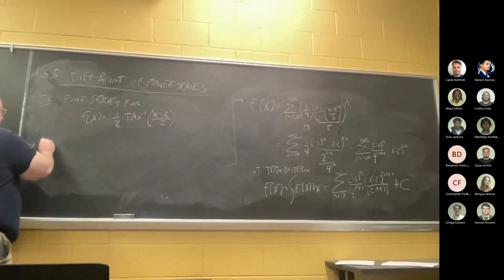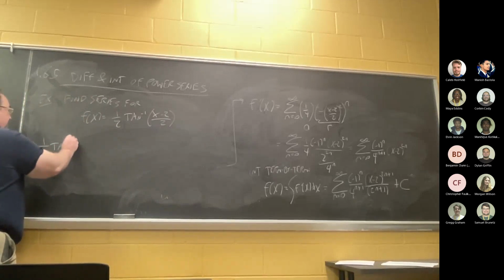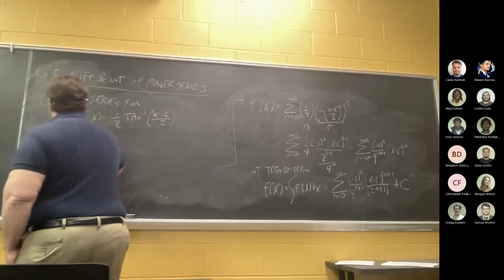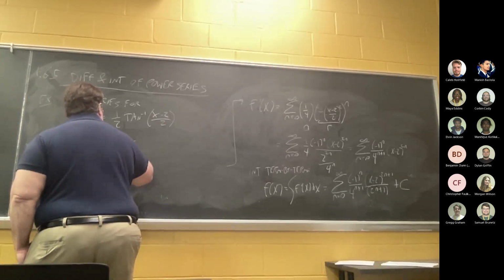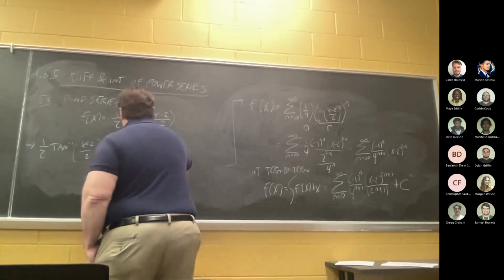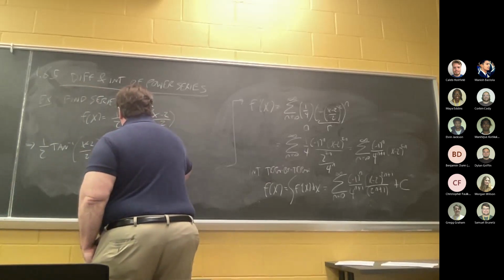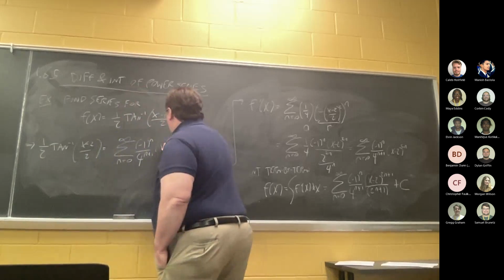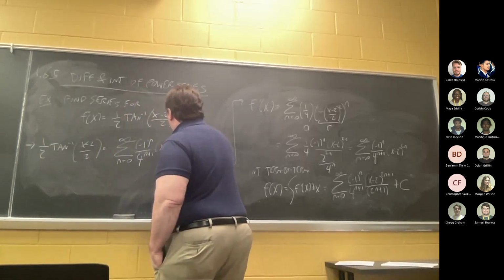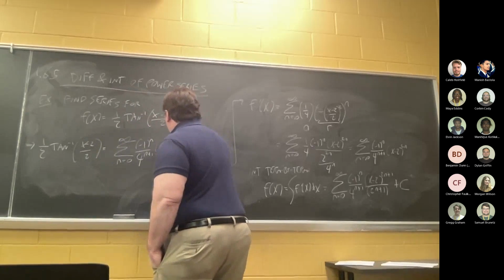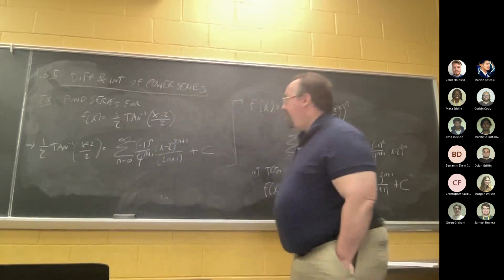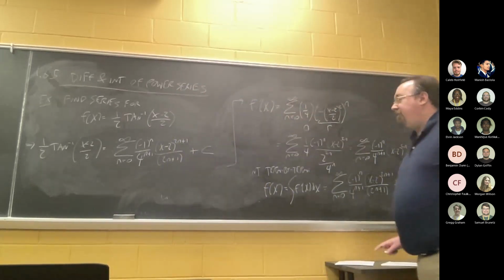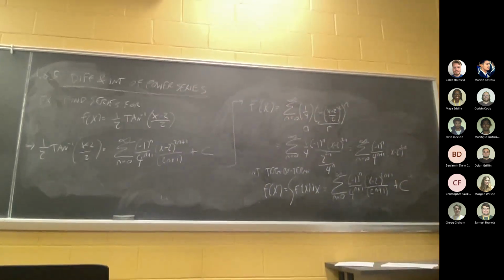So what we know is that that function, 1/2 inverse tangent of (x minus 2)/2, is equal to the sum from 0 to infinity of (-1)^n over 4^(n+1), and then you have (x-2)^(2n+1) over 2n plus 1, plus C. So we're going to use this equation that I've just written out to figure out what C must be.